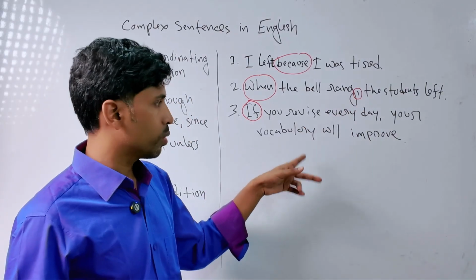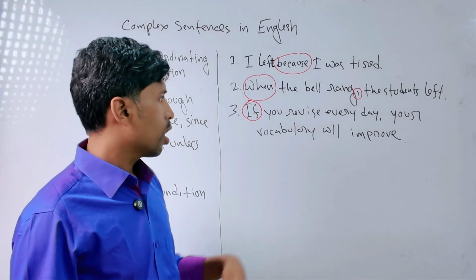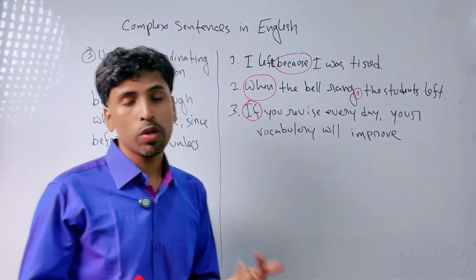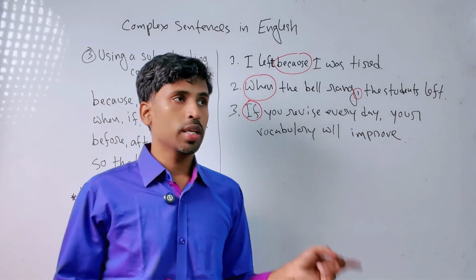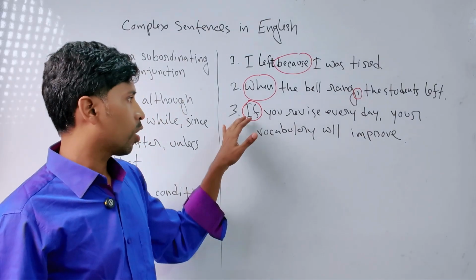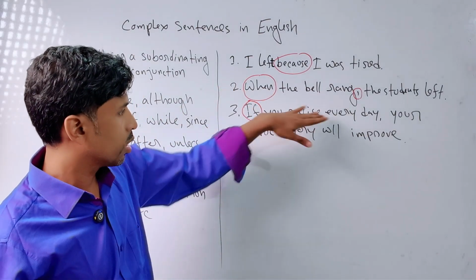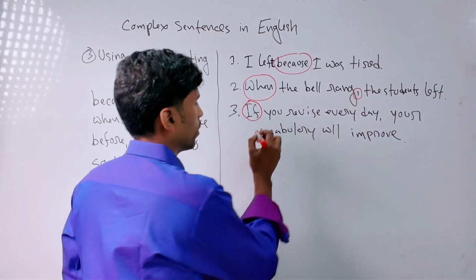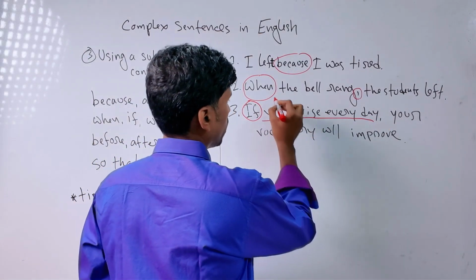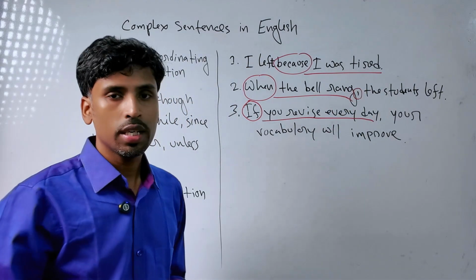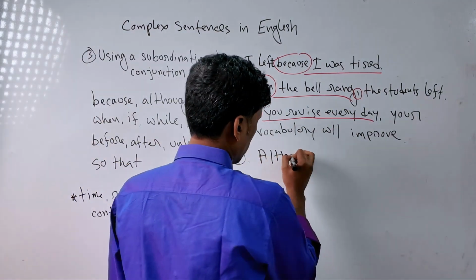A complex sentence will have at least two clauses, one independent clause and one subordinate clause. And how will you understand which one is a subordinate clause? The clause that has the subordinating conjunction is the subordinate clause, and the other clause is the independent clause.